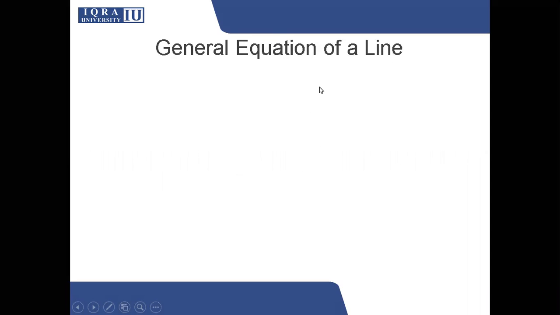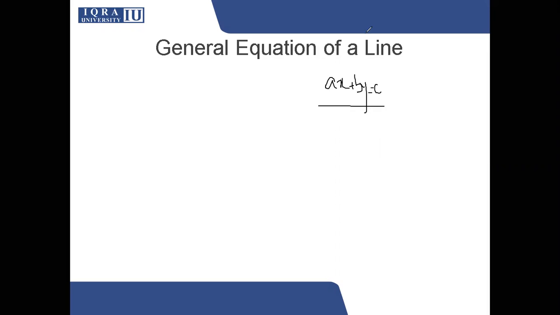First of all, we'll talk about the general equation of a line. Before we go on with this, we have studied the standard equation or the general equation of a linear equation. The linear equation has a general form of ax plus by equals c, right? Now this is the general equation of a linear equation. The general equation of a line is something different.